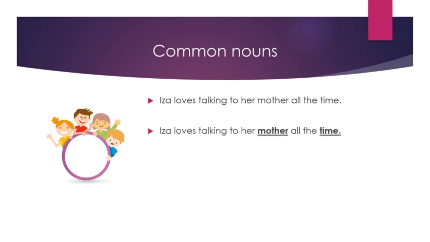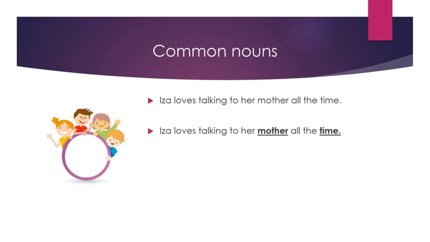We know that mother is a common noun, time is a common noun. We know Isa loves talking to her mother all the time, but we don't know who the mother is, we don't know her name. All the time means there is no specific time mentioned there. They are not very specific, they are very general, so therefore they are common nouns.